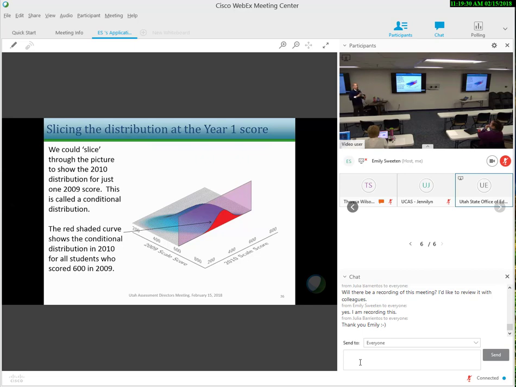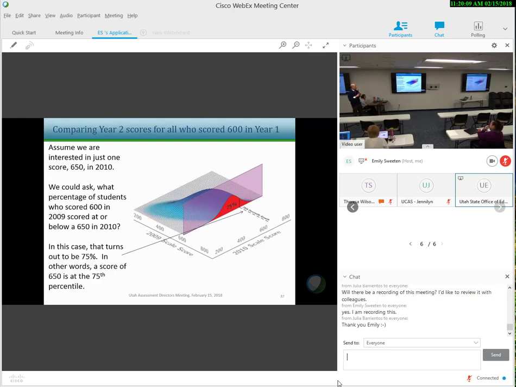And so you keep slicing that distribution to say that now the kids who scored at 600 in 2009 are my academic peers. And in a case like Utah, where we have 35,000, 40,000 kids at a grade level, you have a lot of academic peers in your grade. For those of you who are interested in operationalizing student growth percentiles locally, we find that you usually need to do this with at least 1,000 to 1,500 kids. It's like the lower limit in the grade span to give you enough academic peers.